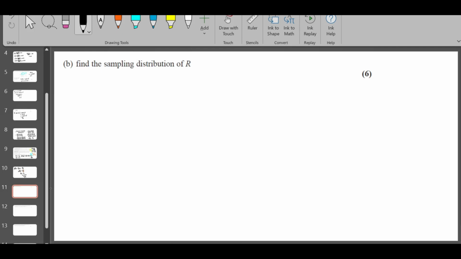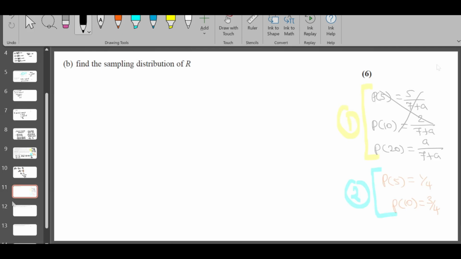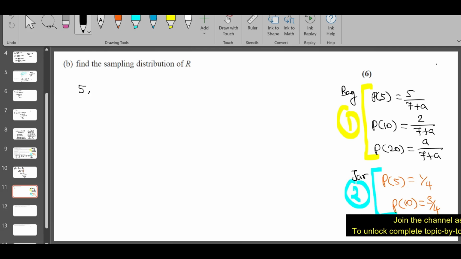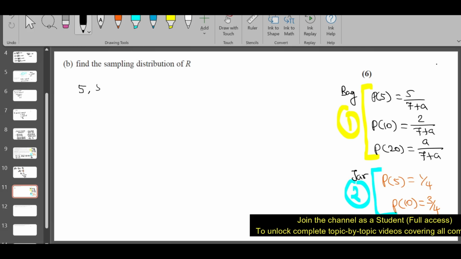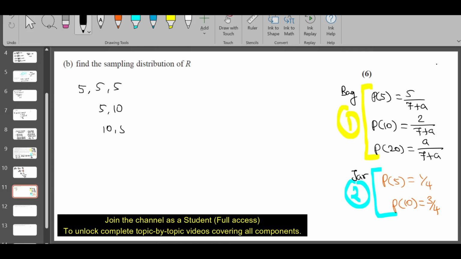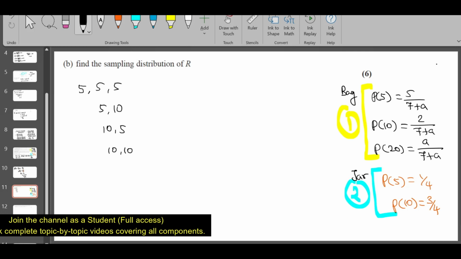First, I'm going to take all the combinations. Okay, let me put the probabilities here. What does this mean? We are taking 3 counters, 1 from the bag, this is the bag, and 2 counters from the jar. So if we take 5 from the bag, what are the combinations of 2 counters you can take from the jar? It can be 5, 5, 5, 10, 10, 5, 10, 10.